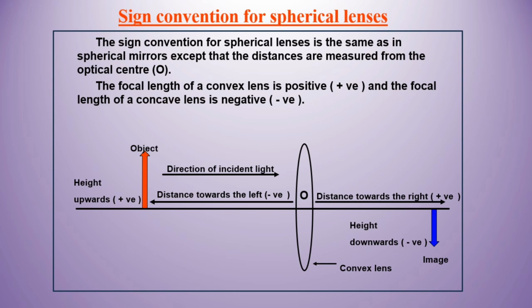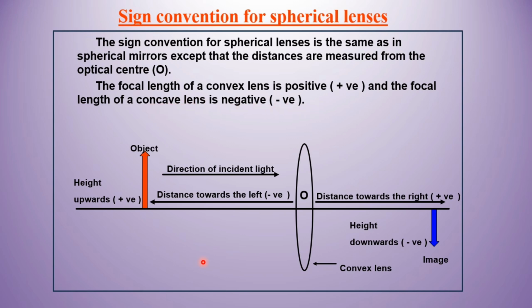Then we are going to see the sign convention for spherical lenses. Here the sign convention for spherical lenses is the same as what we have already seen for spherical mirrors, except that the distances are measured from the optical center, that is the center of the lens. The focal length of a convex lens is positive and the focal length of a concave lens is negative.